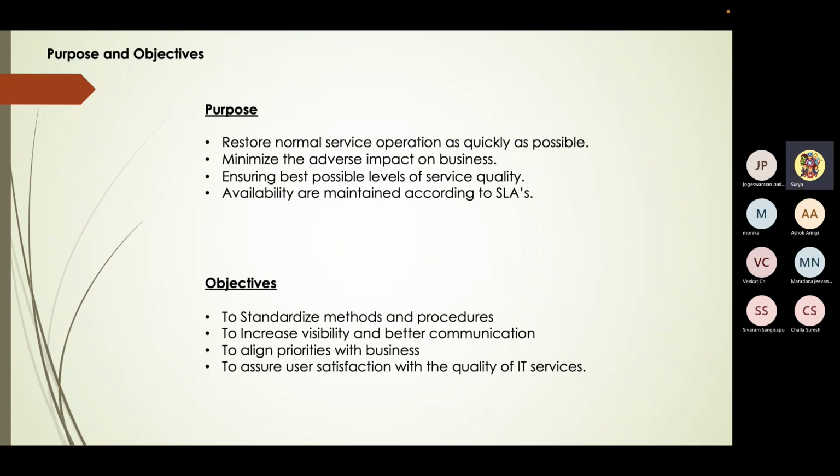That will minimize the impact on the business. Suppose 1 lakh people are withdrawing money and nobody is getting money, it will be a huge impact on the bank. It will reduce the reputation of the bank, right? So to minimize those adverse effects on the business, incident management will be there and they should act very proactively.